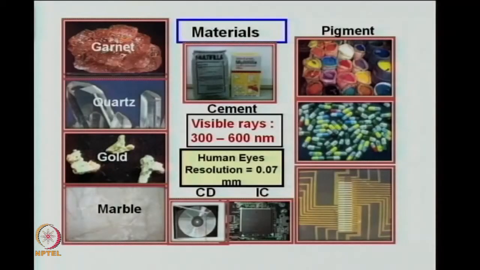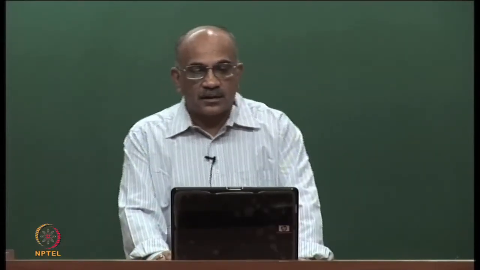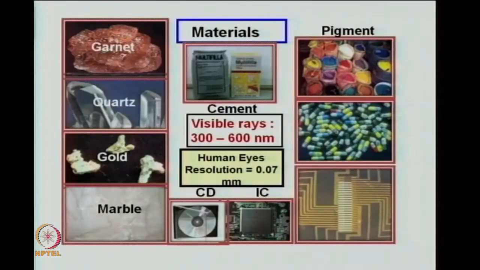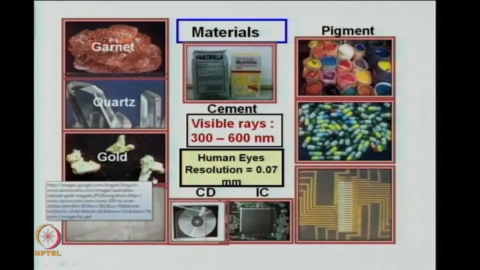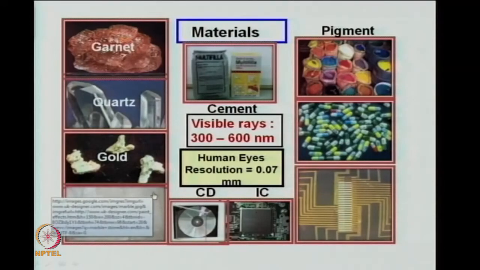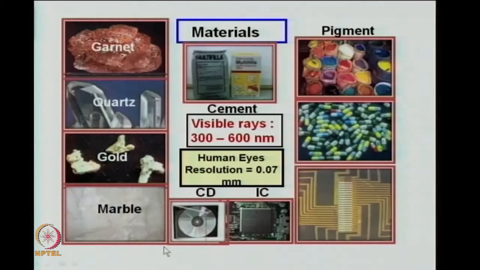Now, before we go to nanomaterials, we have to know what materials are. There are different kinds of materials which you can observe around you in your daily life. Some of the materials are natural, like garnet or quartz or gold or silver or marble.